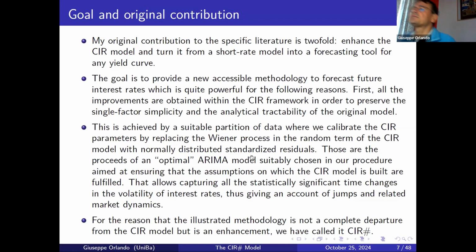So the idea is first to find the right time series. So we replaced the usual Wiener process with the residuals. The residuals of what? Of this optimal ARIMA. We first calibrated the ARIMA, and then we take the residuals, and based on those residuals, we build on this CIR process, that is the stochastic equation that I will show you later.